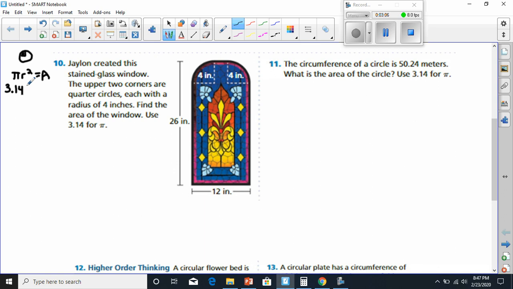I'm going to multiply that by the radius squared. The radius is 4, so that would be 4 that we are squaring. And 4 times 4 is 16, so we can replace that with 16. Now we have 3.14 times 16 will equal the area of the whole circle.